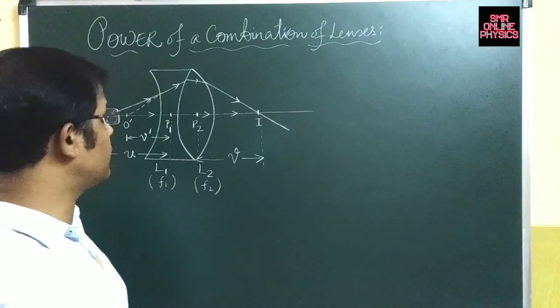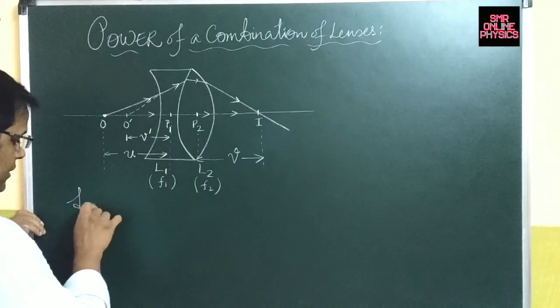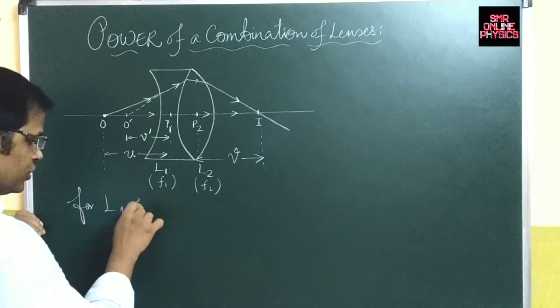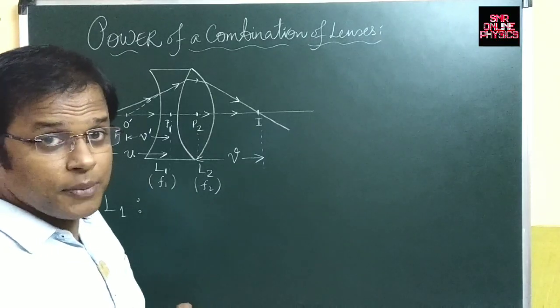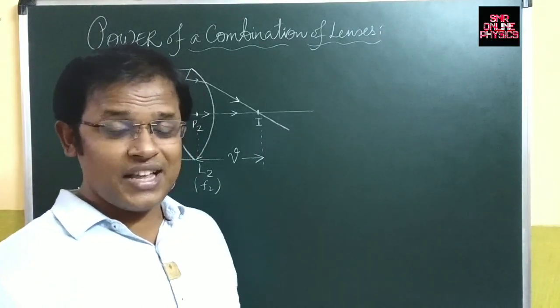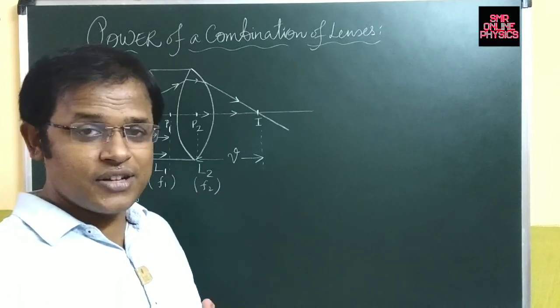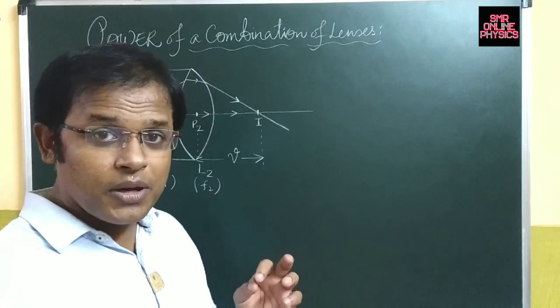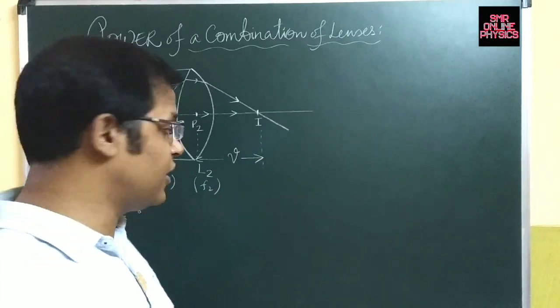Simply we have to calculate individually. So for the first lens L1, which is in fact a concave lens, let us write down the lens formula. I hope everyone remembers what the lens formula is. If you do not know how to get to the derivation of the lens formula, then go back to our previous video titled Lens Maker's Equation.